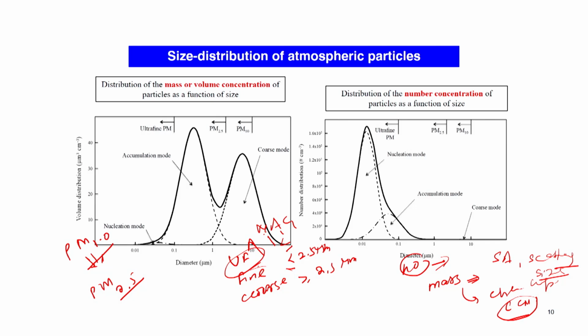It is still called fine mode particles because of the properties that we have. PM 1, PM 2.5 and PM 10 are all important, and their chemical compositions will be very different, as well as their health effects. So these are the things that you have to consider.